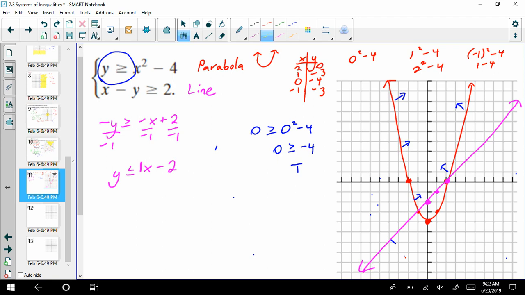If this was a system of equations, I can see my answers would be here and here, because that's where they intersected. But this is not. I'm looking for the common shaded region. So let's figure out where we would shade for this pink line. If I look at where I got y alone, y is less than. Less than the line would mean under it.